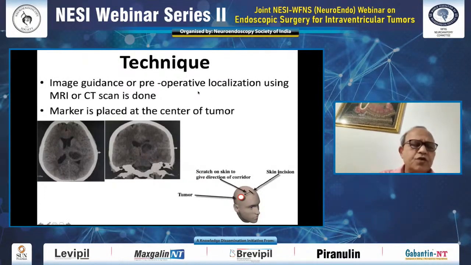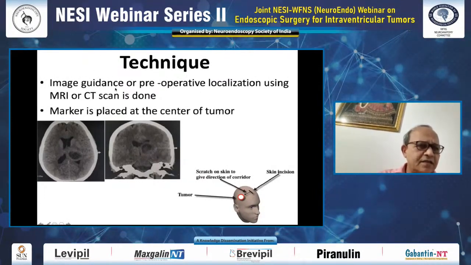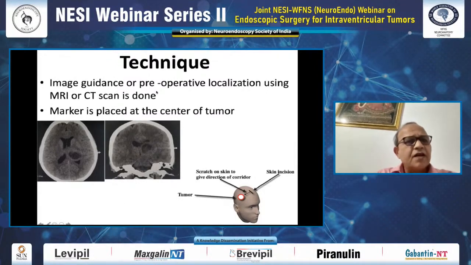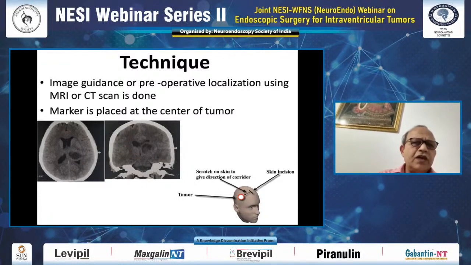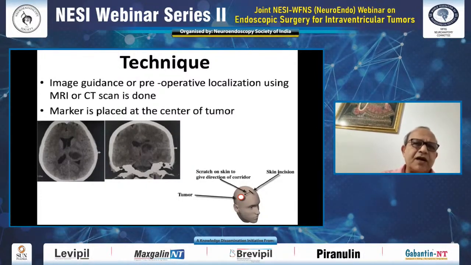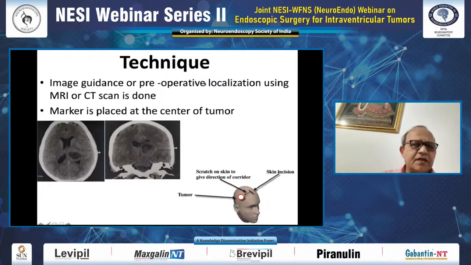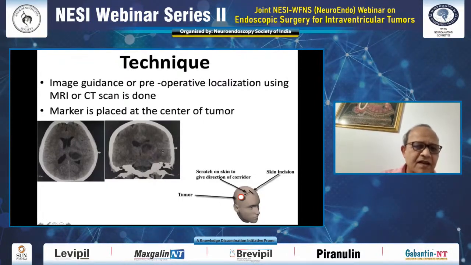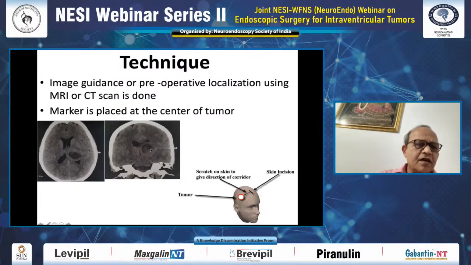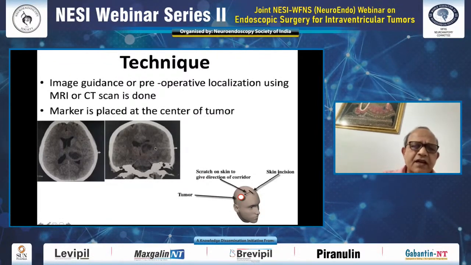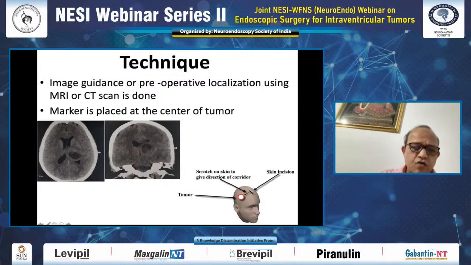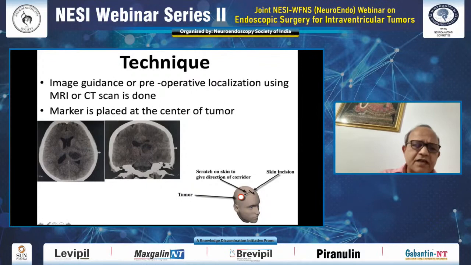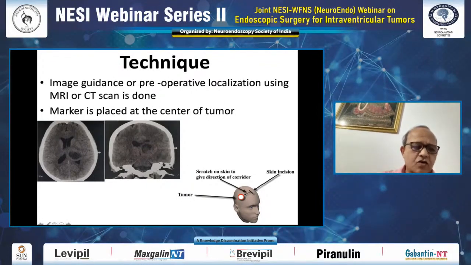Regarding the technique which we use, you can use image guidance, which is important if you have facilities, but if you don't have, then also there is no problem. We have been using CT scan or MRI for localizing the lesion. Pre-operatively, you can have a marker placed at the center of the lesion, and then you can decide where you want to make a small craniotomy or burr hole, and decide the trajectory accordingly.